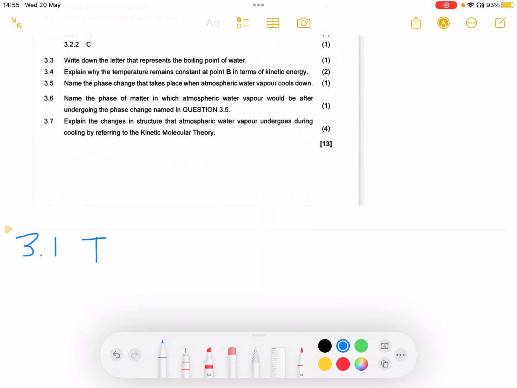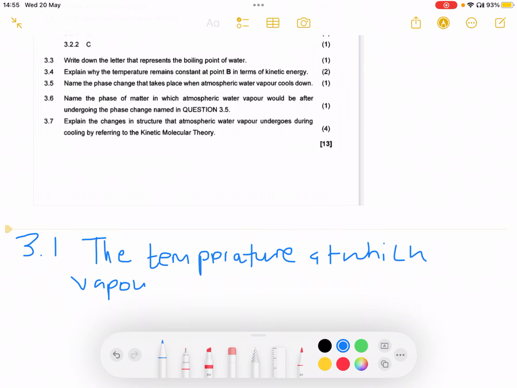So in 3.1 you have to define boiling point. This is the temperature at which vapor pressure equals atmospheric pressure.